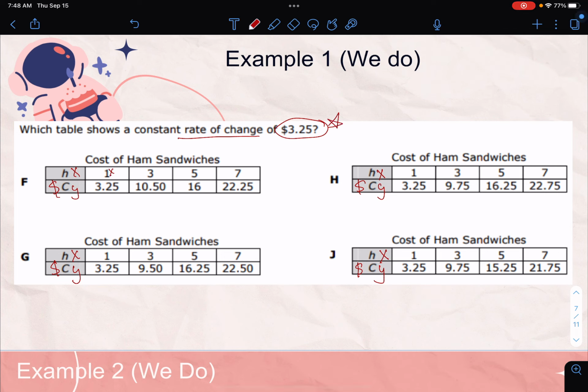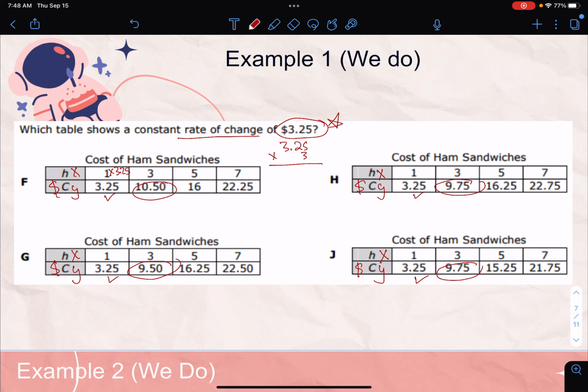So 1 times 325. That's correct. But that's also correct for all of the tables. So we try the next number, 325 times 3. You're going to multiply, and you'll notice that some of these are different. Whatever you get is going to be correct.